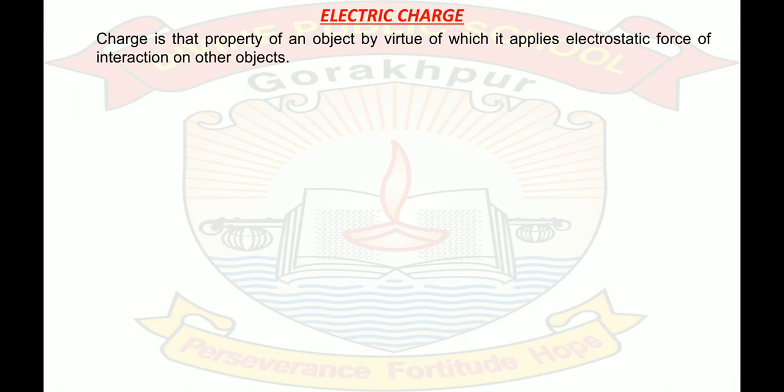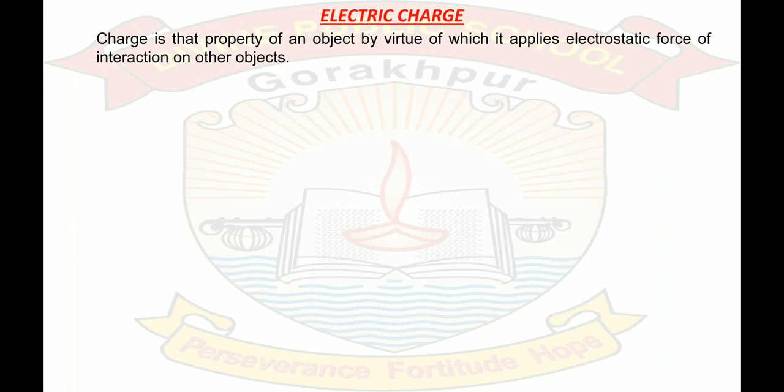A body is made up of atoms, and an atom is made up of electrons and protons. So charge is the property of those particles because of which they apply a force, called electrostatic force, on each other. So this is what the charge is.